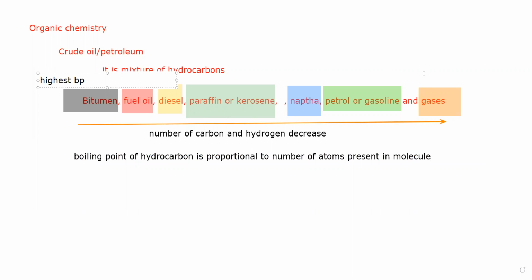And the refinery gases, because these are gases at room temperature, will have the lowest boiling point. So as the number of carbon and hydrogen atoms decreases from bitumen to gases, the boiling point is decreasing.